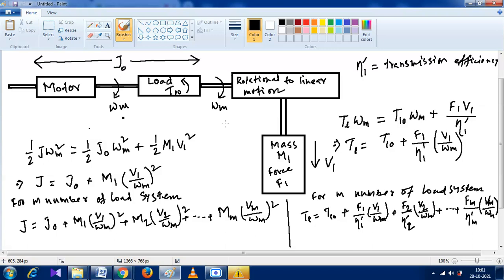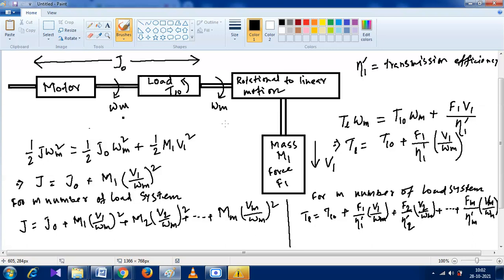And in case of load with rotational and translational motion, what did we get? J is equal to J0 plus M1 into V1 by omega m square. And in case of load torque, what did we get previously?